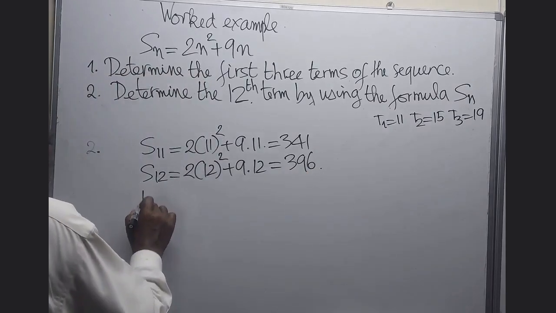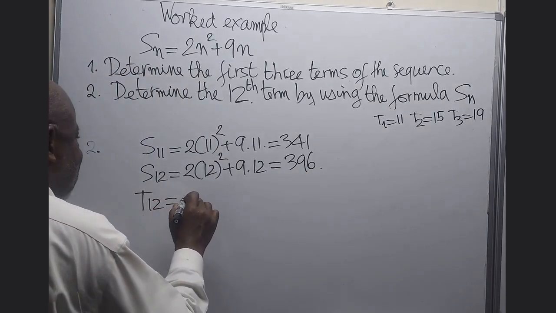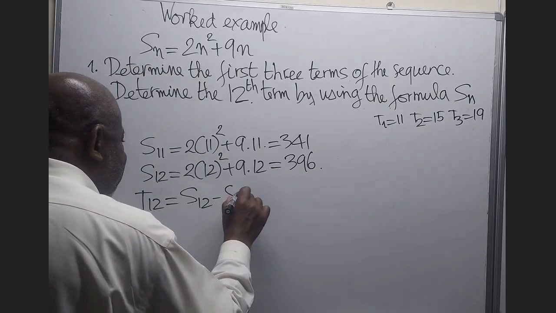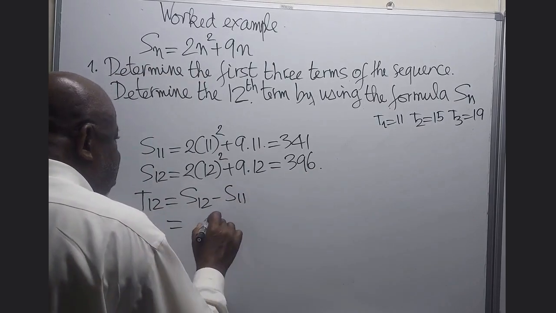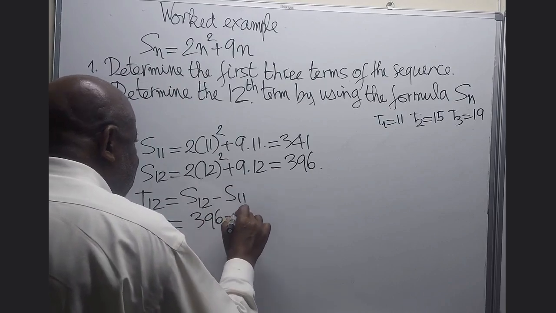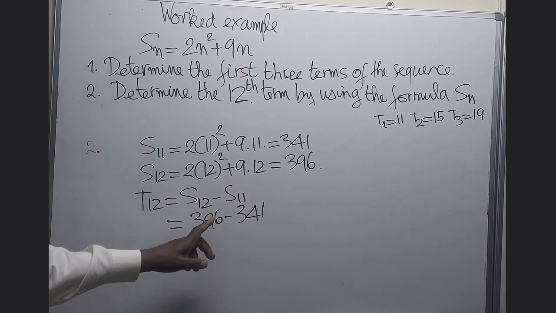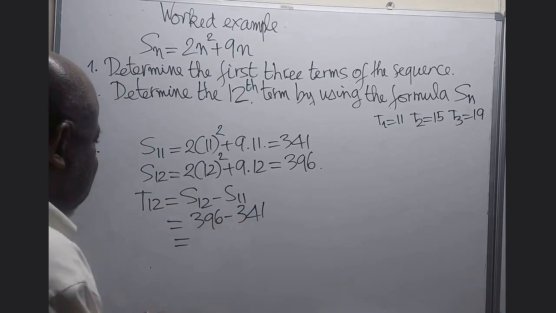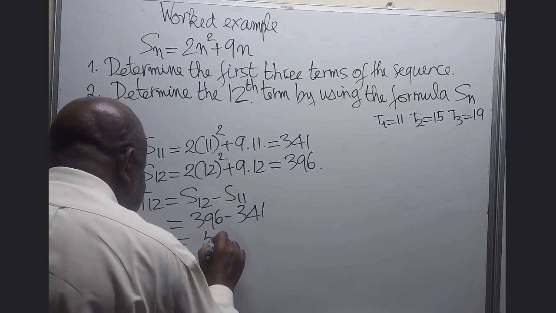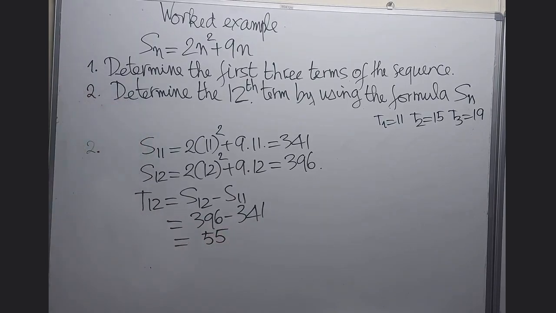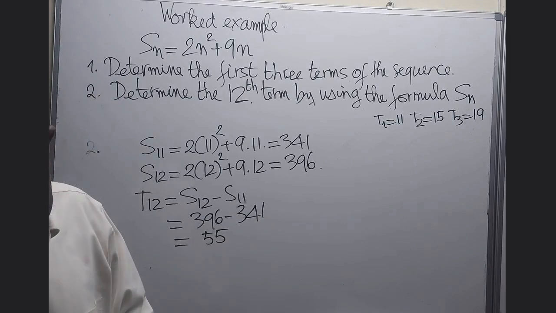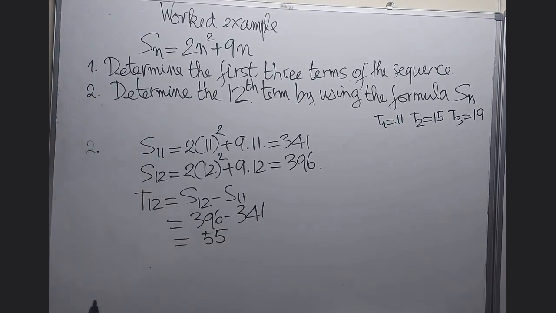So now our T12 will be equal to S12 minus S11, and then it will be 396 minus 341. As you can see here, we're going to get 55. So our T12 will be 55.